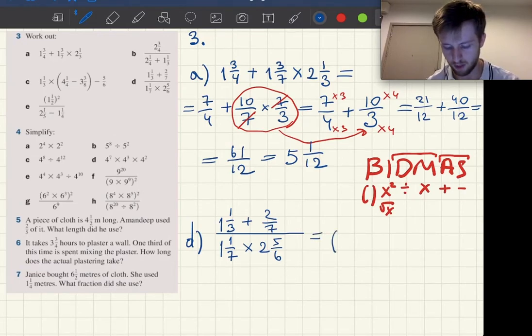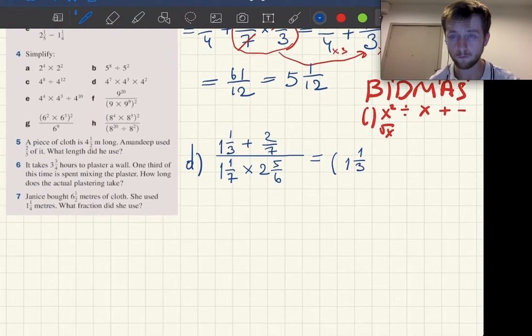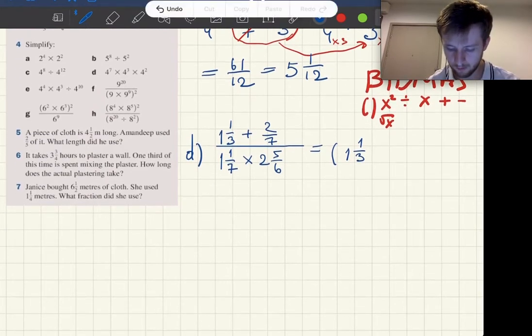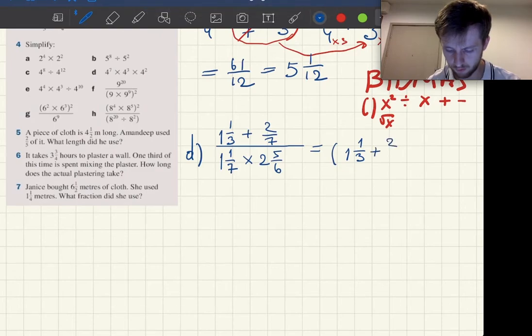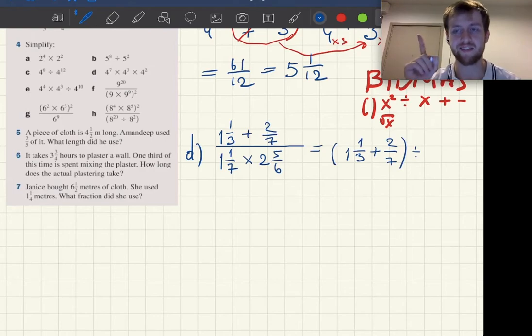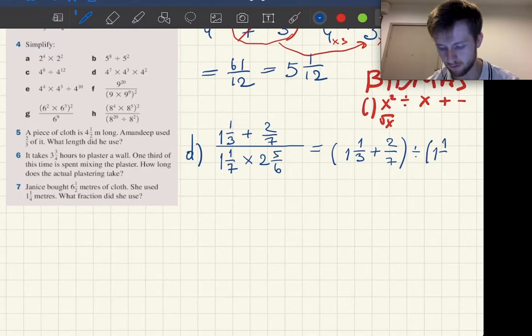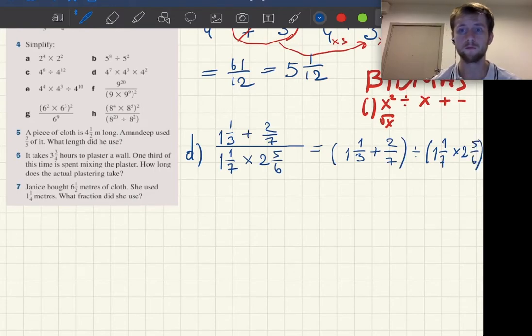So it's going to be 1 and 1/3 plus 2 over 7, and then divided by, you see, actually there are brackets in there, but it's just because of how you write it. It's divided by 1 and 1 over 7 times 2 and 5 over 6. Like this, actually.